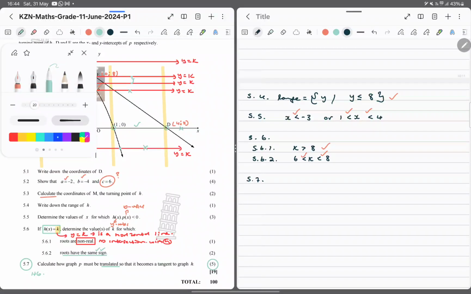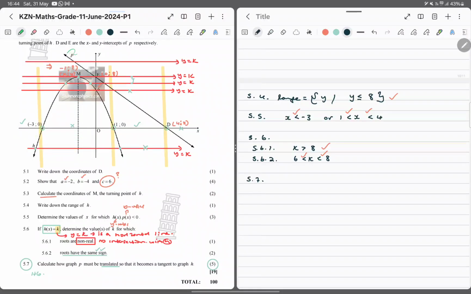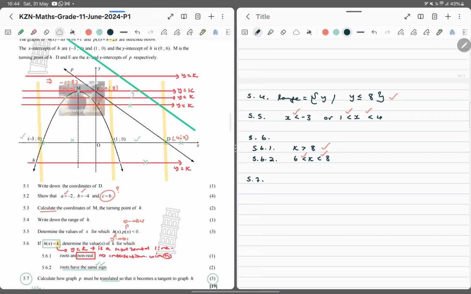Okay, now we understand and could pretty much see that if we draw this graph of P nicely and we take it, we cannot translate it upwards.